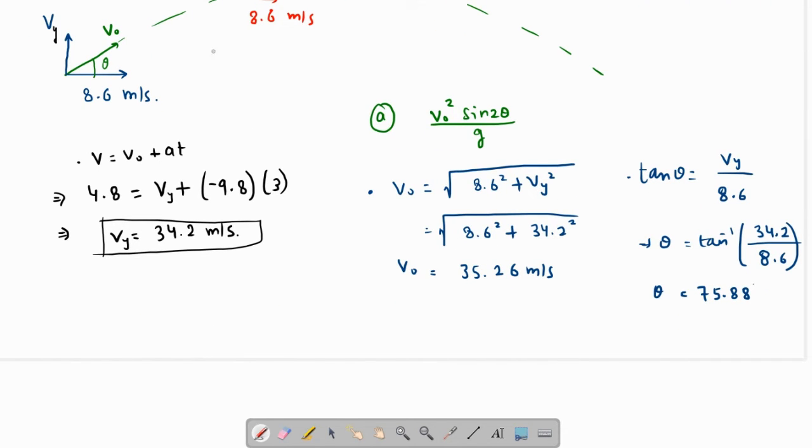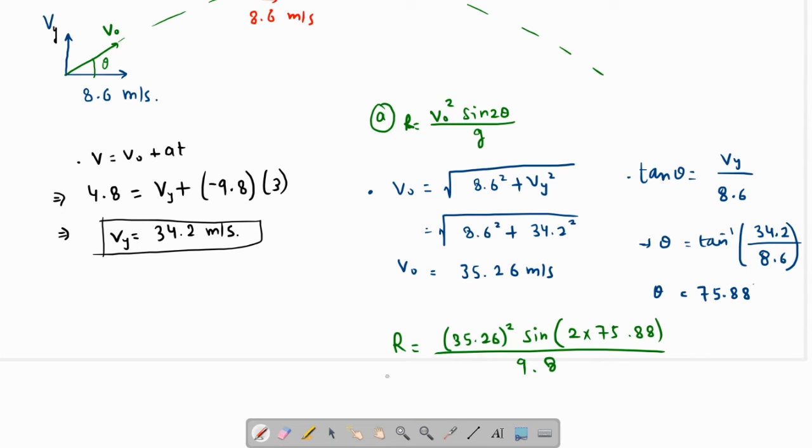So the range is going to be v naught square, that is 35.26 square, times sine of 2 times 75.88, over g, which is 9.8. Let me grab my calculator and get this solved.